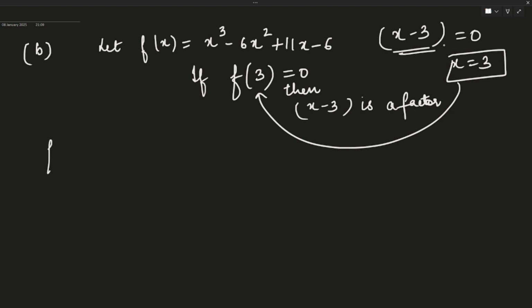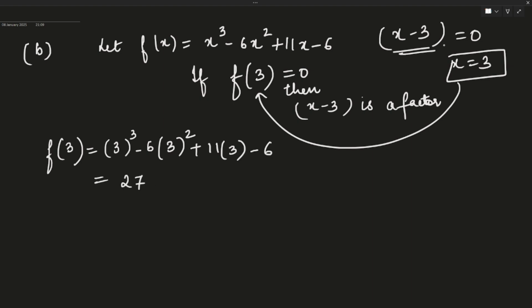So let's check the value of the polynomial at x equals 3. We'll put 3 in place of x. So f(3) equals 3 cube minus 6 times 3 square plus 11 into 3 minus 6. 3 cube is 27, minus 6 into 9 is 54, plus 33 minus 6.